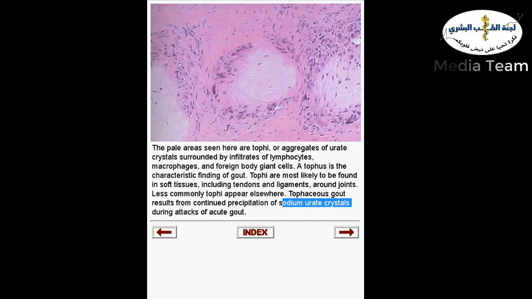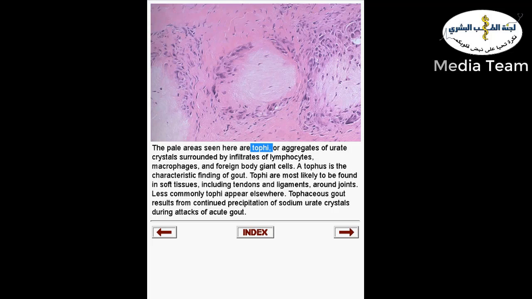We call it tophi. Now, the most common location for gout tophi is around the joints, but we can see them in the elderly, in the ear, in the face, anywhere. We can see them in the kidneys, the uric acid crystals in the kidney. They will destroy the kidney and lead to renal failure, and this is a bigger problem than arthritis.